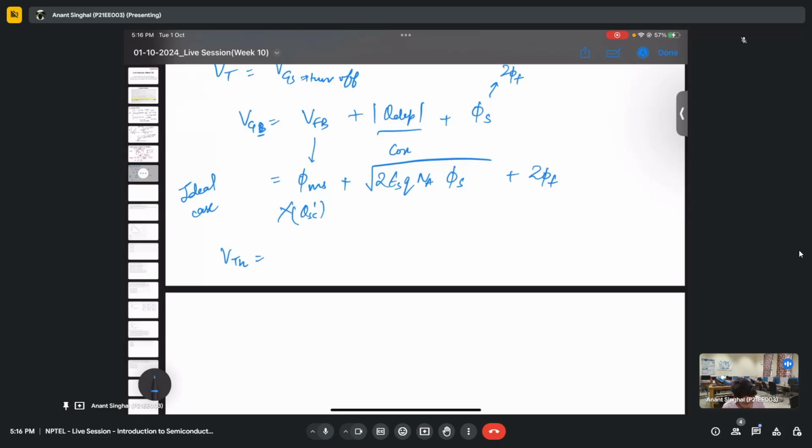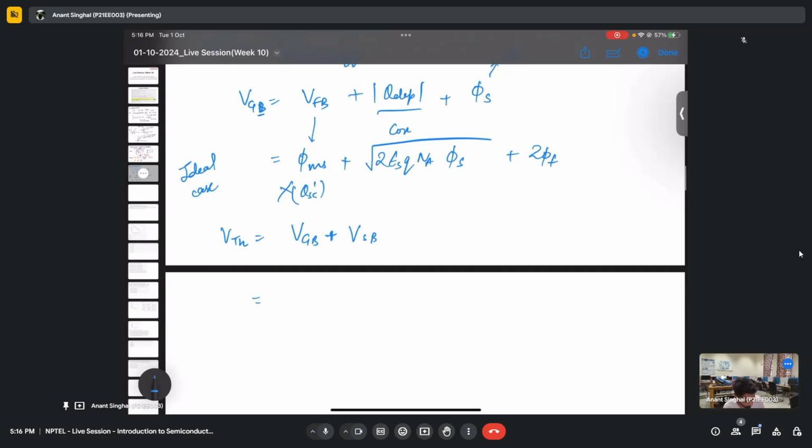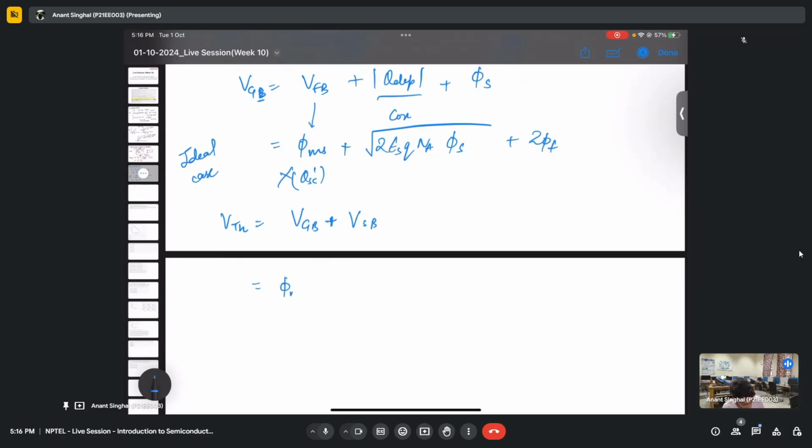Now this particular thing will become VGB plus this additional voltage that we require. If I try to write it in very simple words, it will be phi ms, and this psi s will change to 2 phi f plus VSB, and this is divided by Cox, and this additional surface potential will be 2 phi f plus VSB.